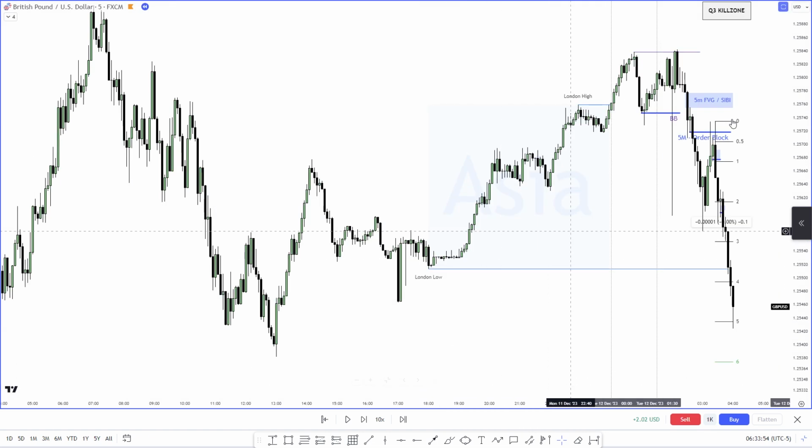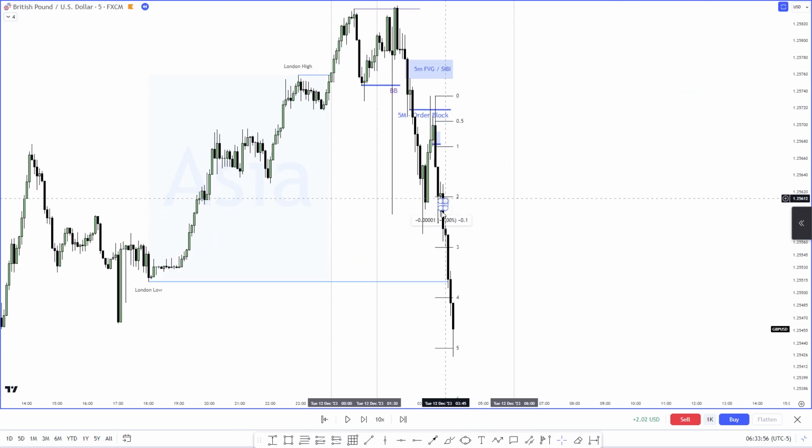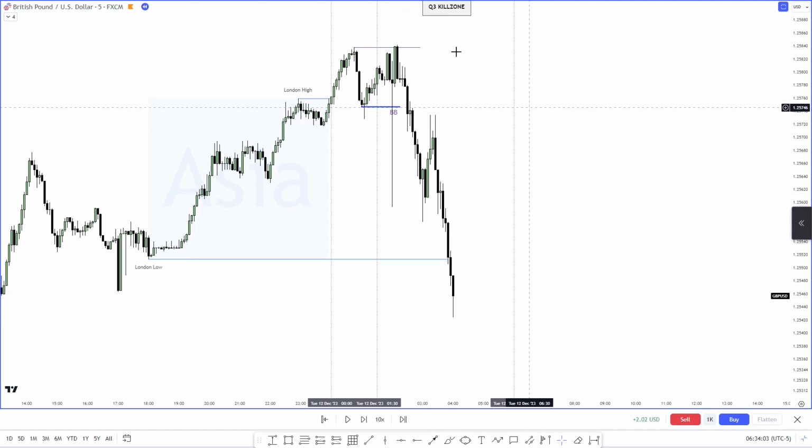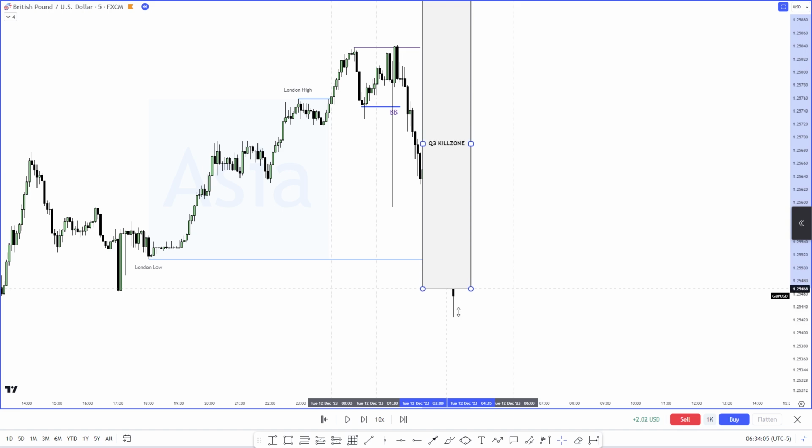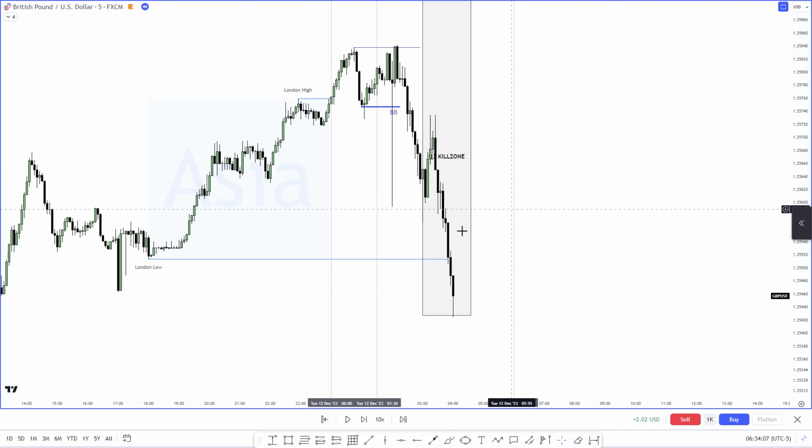So removing all this noise because they've pretty much served their purpose, right? If you draw this lower like this, everything happened within Q3, right?